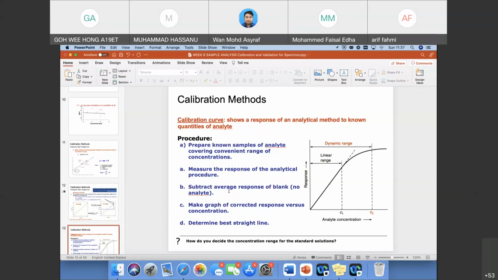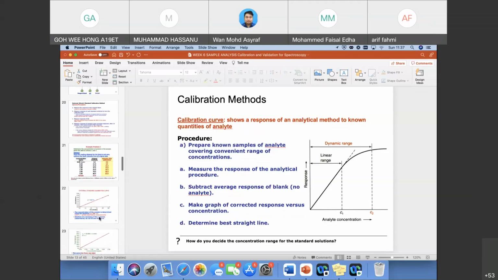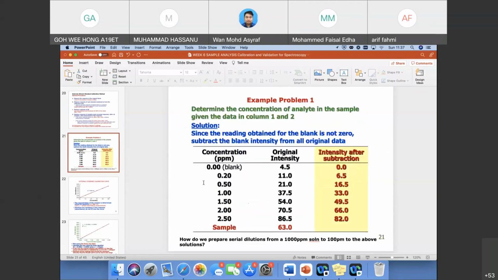Let me look into an example here. This is the concentration of the blank, which is supposed to be 0 ppm, because it doesn't have any analyte, but it gives an intensity of 4.5.